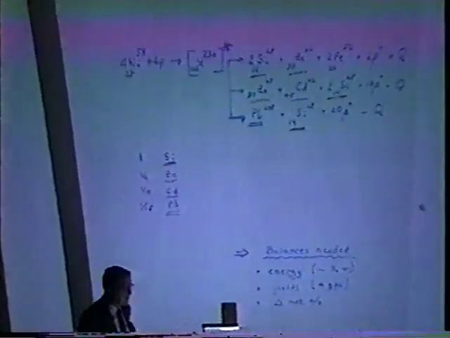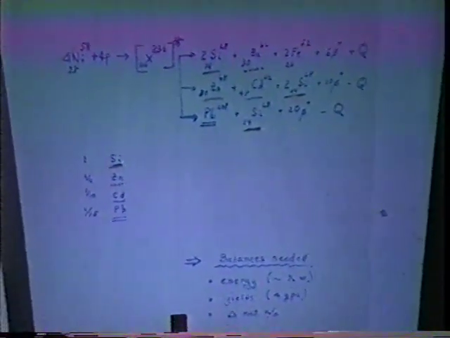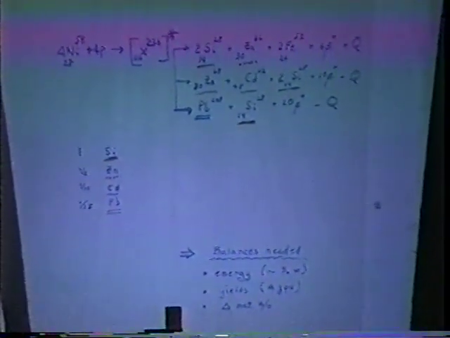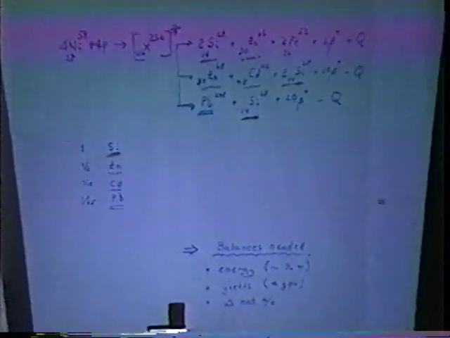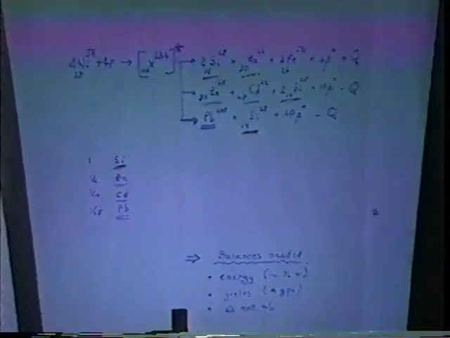I want to illustrate what seems to be necessary. For example, if you say we're going to have silica, zirconium, cadmium, I have lead here because you'll see it in later slides. Lead is a prevalent component in some of the later higher groups.